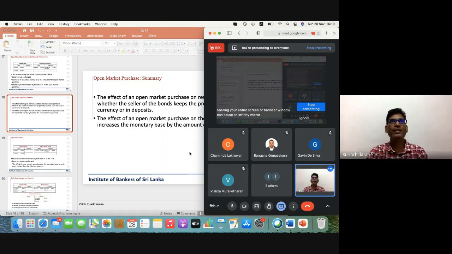So if there's any question like, what are the measures a central bank can take to increase the money supply, right? And with the examples. So is it possible to understand and write the response? Just think about it.